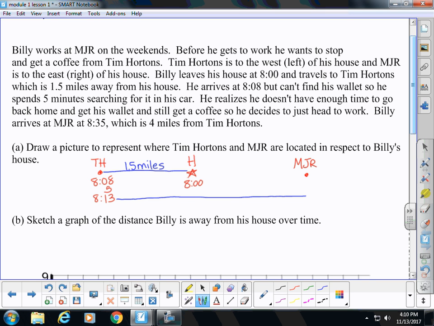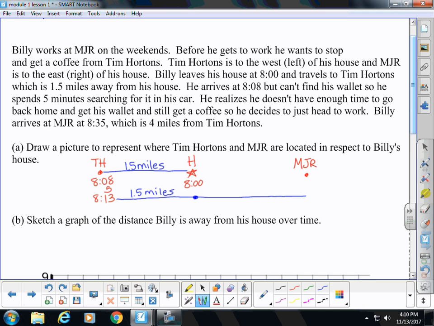So in here, we're going to need an extra point because this 1.5 miles right here, the distance from Tim Hortons back to his house, is still 1.5 miles. That 1.5 miles is a different type of 1.5 miles when we go later on to make our actual X and Y graph, because the first 1.5 miles is going away from his house, and the next 1.5 miles is actually going back toward his house.